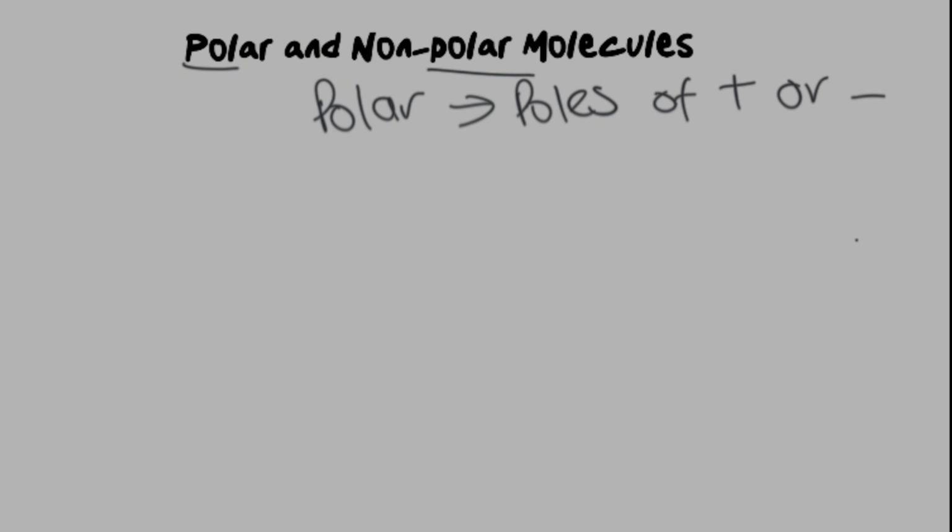Now in previous lessons I have gone through electronegativity. You can go back and watch that video, where I discussed electronegativity and the different atoms on the periodic table, or other elements that are highly electronegative.